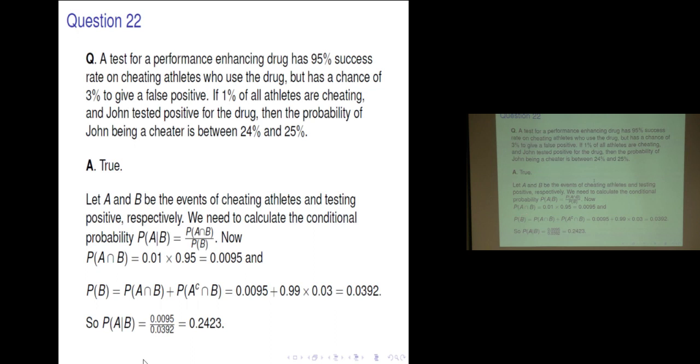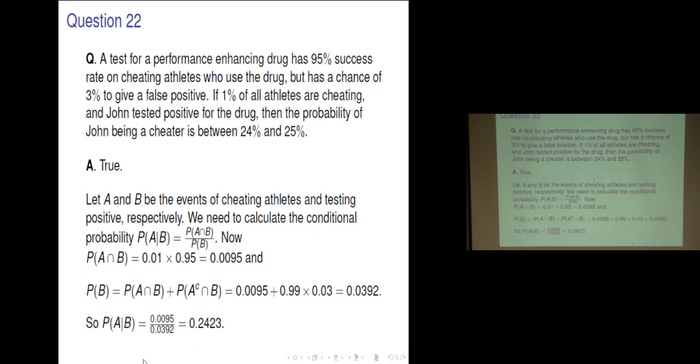Okay, so the probability of A intersect B, where A is cheating and B is testing positive, right? We know that 1% of people are cheating, and among those cheating, there's a 95% chance to catch them. So the probability of A intersect B is the product of the two.